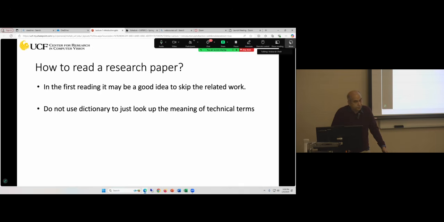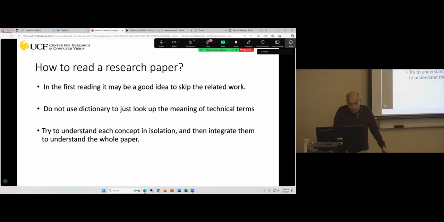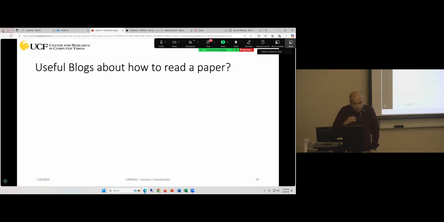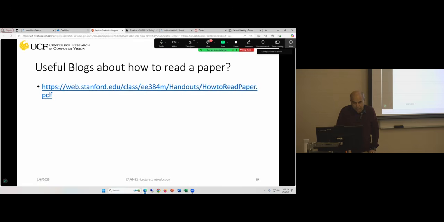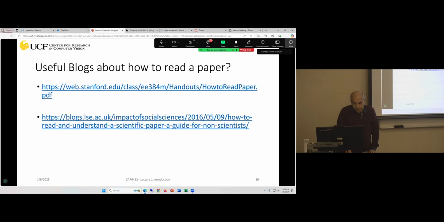You will find some useful information, but don't look at a dictionary. Maybe these days, don't worry, you can just go to Google, even for the dictionary. Another thing is maybe try to understand each concept in isolation, then try to link them. That helps. There are lots of useful blogs on how to read a paper, and these are some of those. So you can look at those.